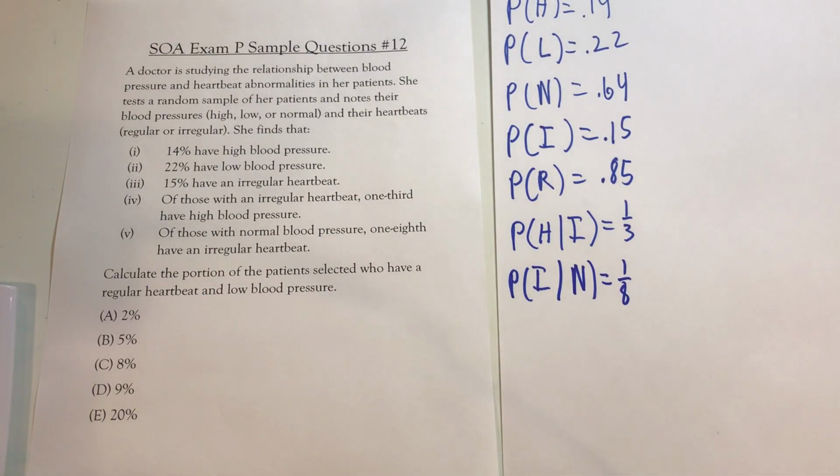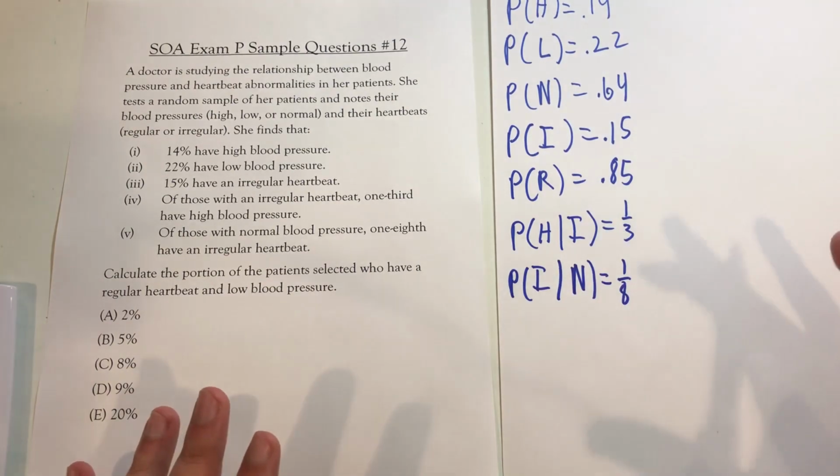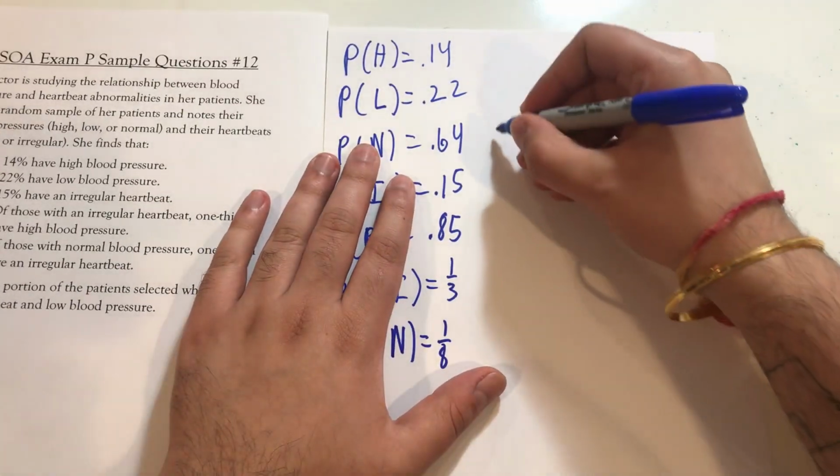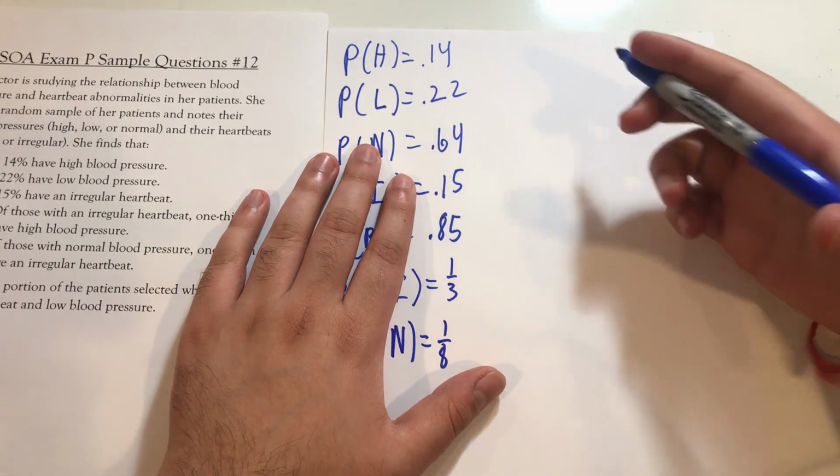Okay, so what do we want to do in this situation? We listed all our values so we can use them later. I think the easiest thing is to just make a chart. And given that there's no overlap in these categories, I can make a box kind of chart like this with columns and rows.